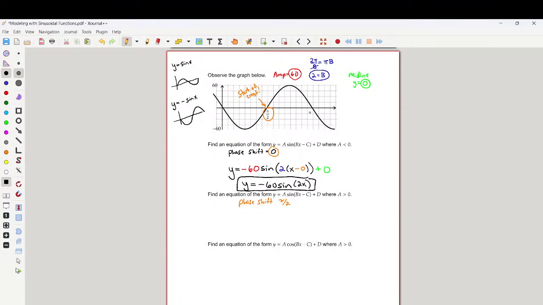Find the equation. We want an amplitude that's positive, 60. Our B value is still 2.